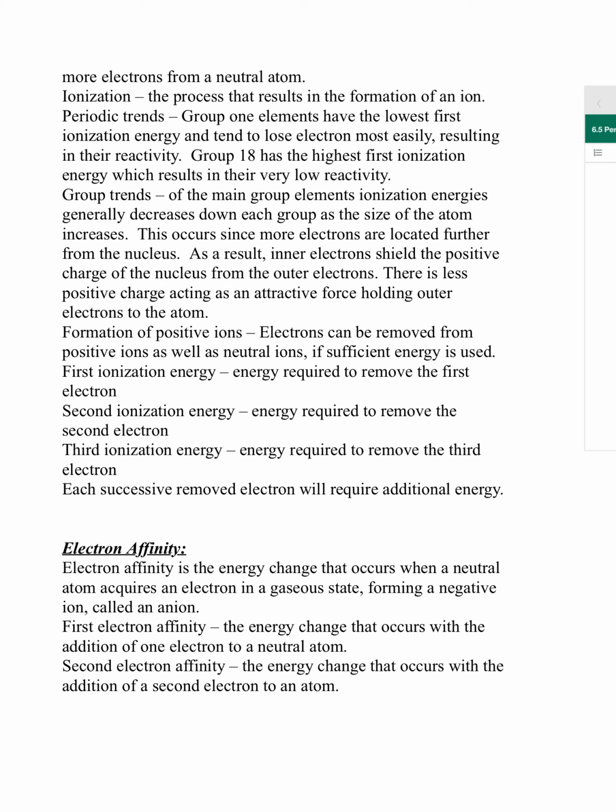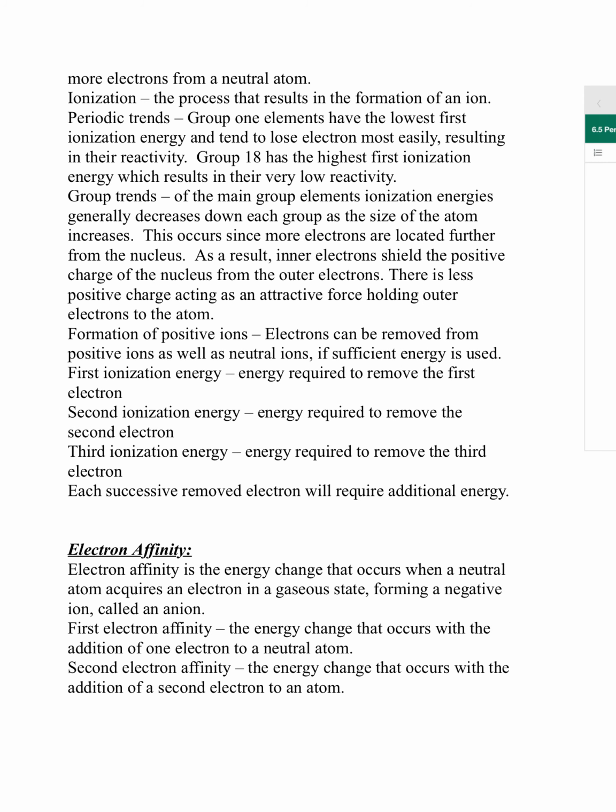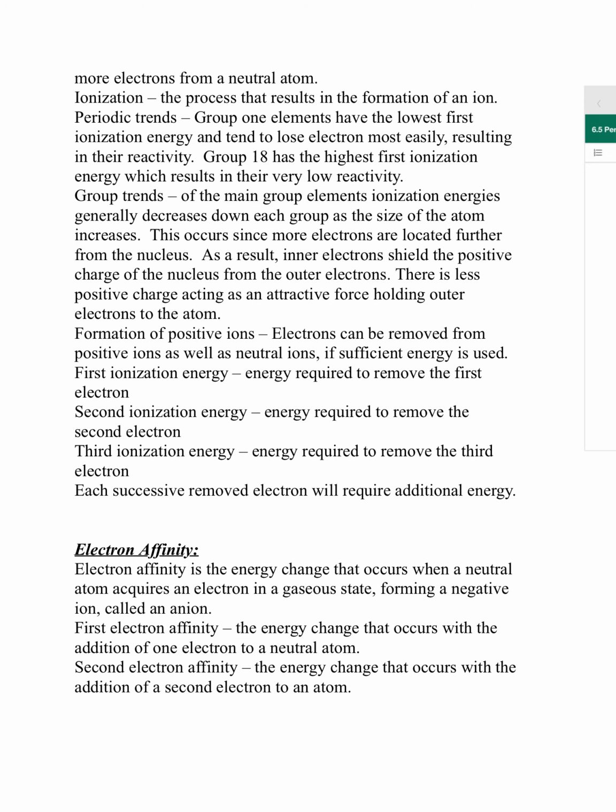If you look at the group trends of the main group elements, ionization energies generally decrease down each group as the size of the atom increases. This occurs since more electrons are located further from the nucleus. As a result, inner electrons shield the positive charge of the nucleus from the outer electrons, and there is less positive charge acting as an attractive force holding the outer electrons of the atom.